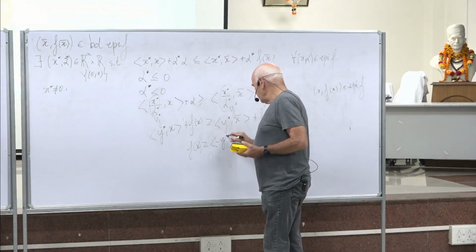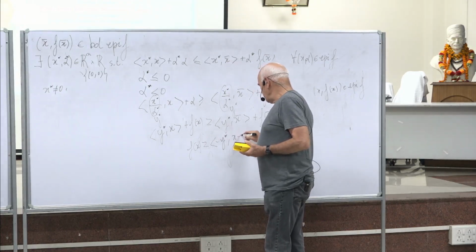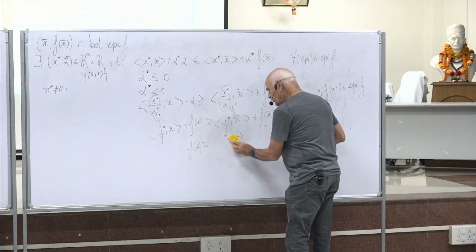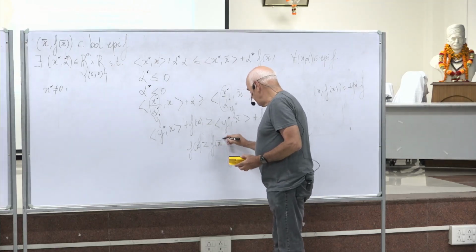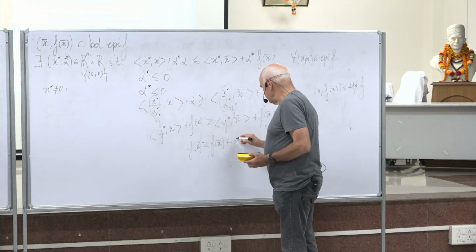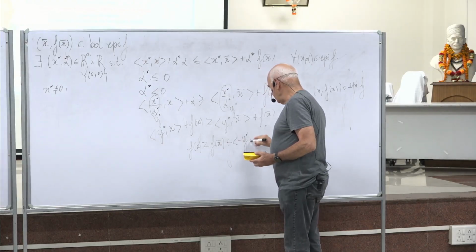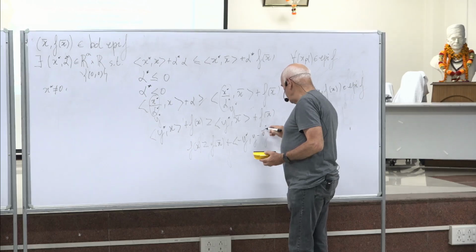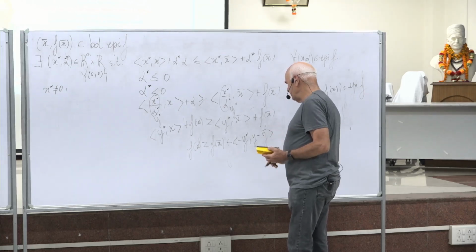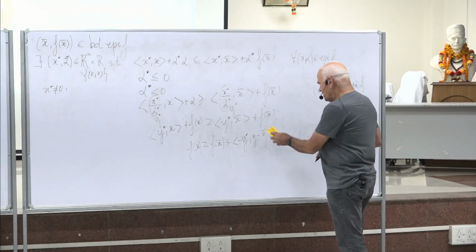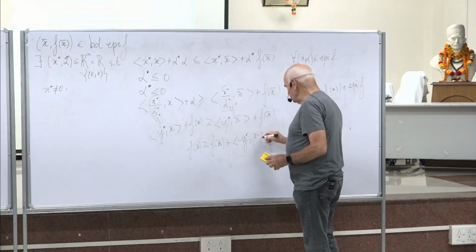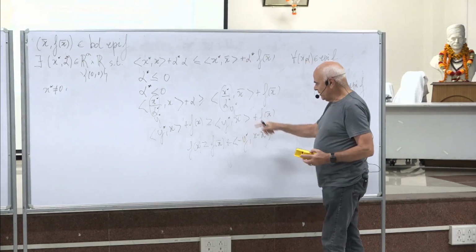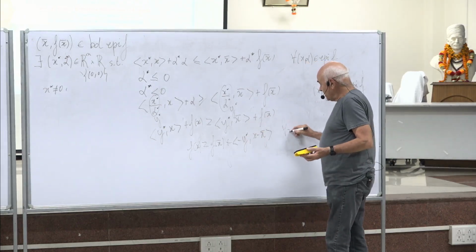minus y star, x minus, okay, or let me write it differently, f of x bar plus minus y star, x minus x bar. Okay, this is equivalent for every x in the domain.